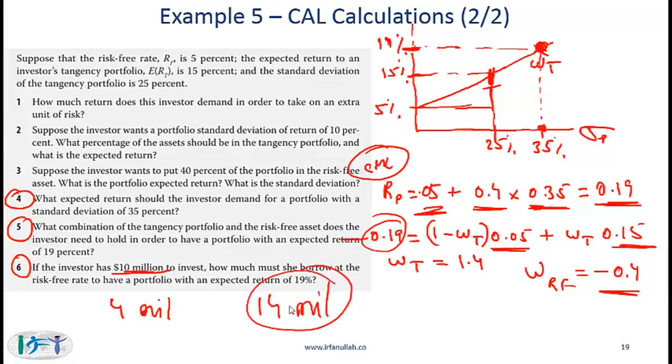So this is a leveraged investment. You might recall from level 1 that before this point, we call this the lending part, because here we are lending to the government, and this is the borrowing part, because here we are borrowing at the risk-free rate.